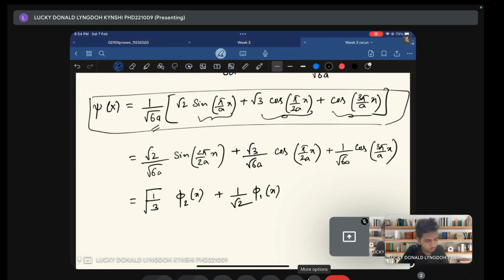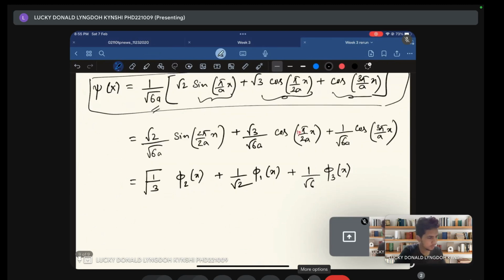Because here n is equal to 1. That means plus 1 divided by root over 6 phi 3 of x. So you can express in the form of root 2 by a sine of n pi by a x. But remember that here a is not simply a, it is equal to 2a.